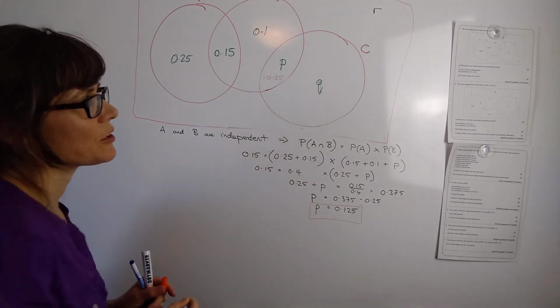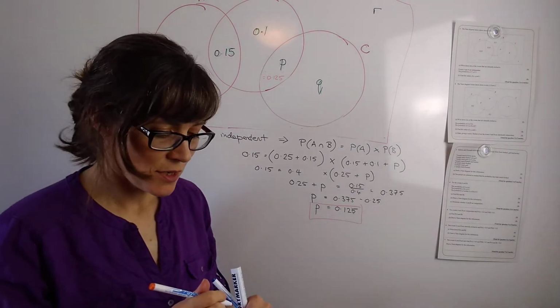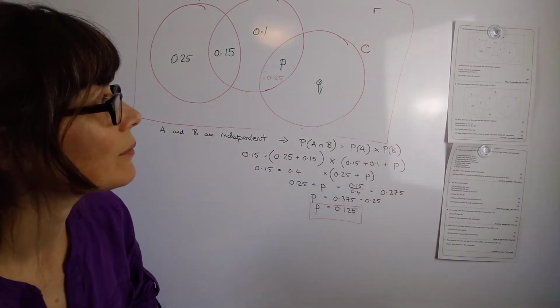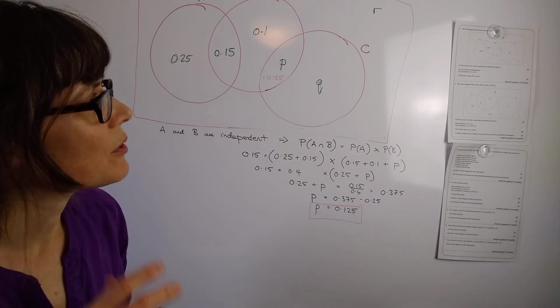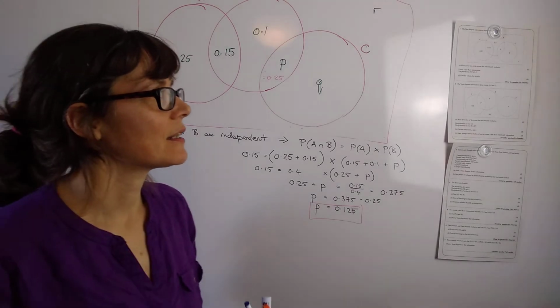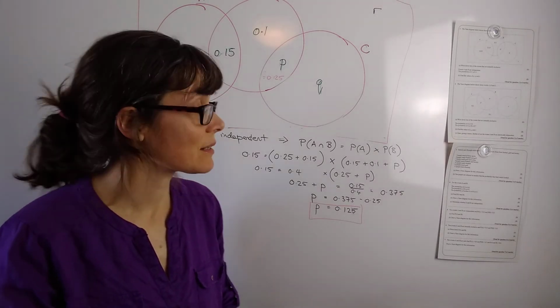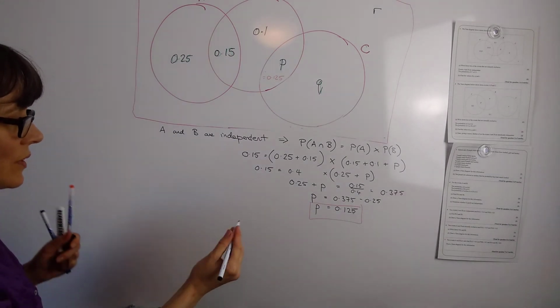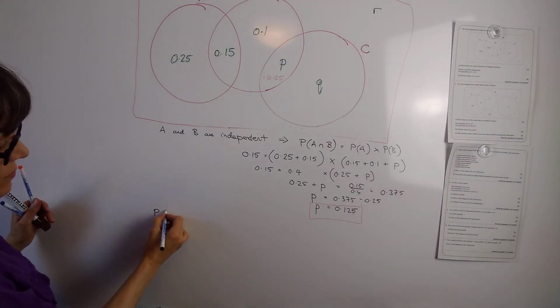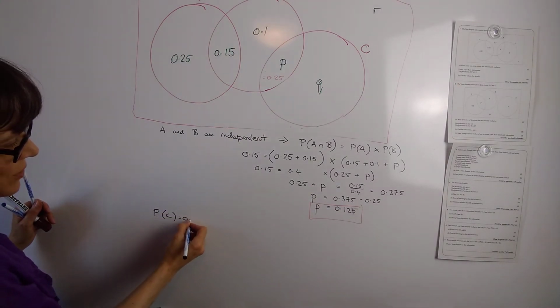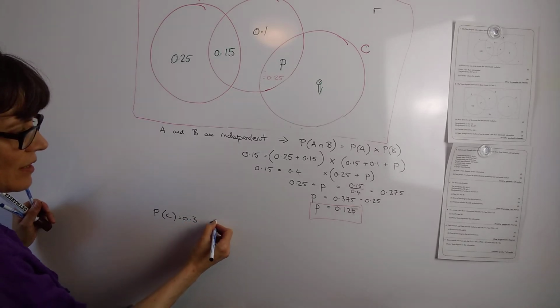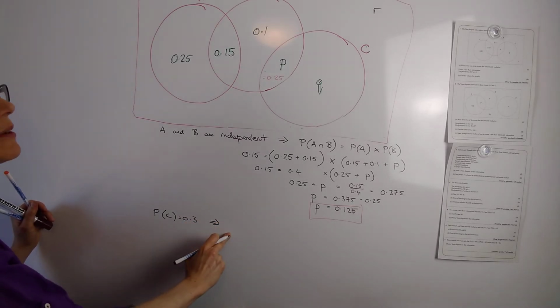How do we find the other two? Well, that's nice that we've already got one from that piece of information. We've got the probability of C is 0.3. That's our next piece of information. So P of C equals 0.3. That piece of information gives us something else.